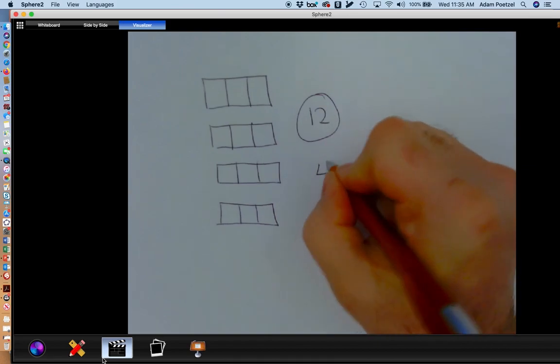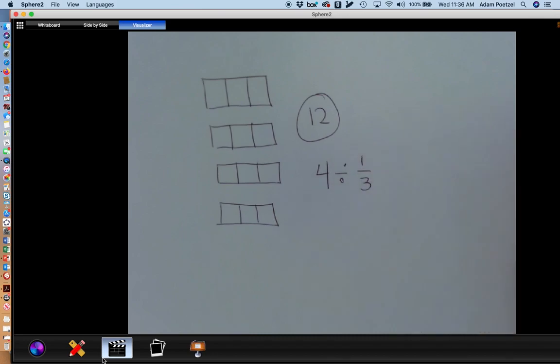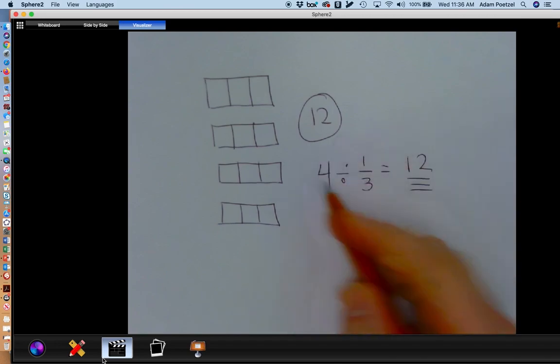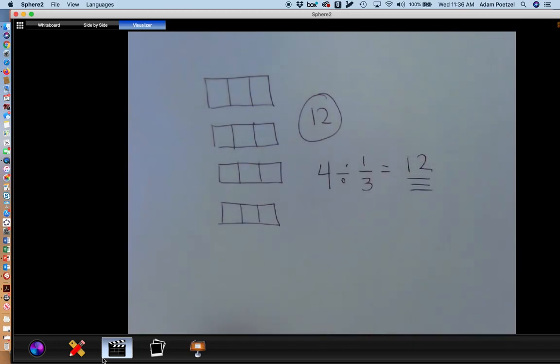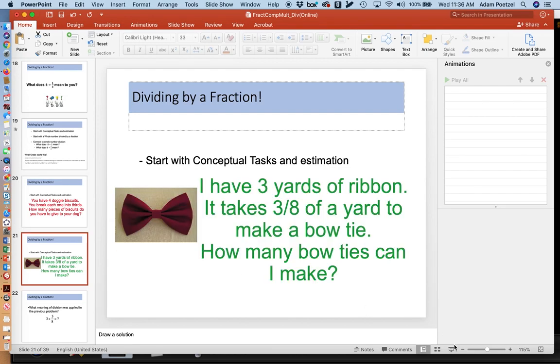We always want to connect that back to the equation. So we had 4 doggy biscuits, we divided them into thirds each, and we see that the answer is 12. Relating back the connection between the visual and the original math equation is a good place to start. All right, so that's a whole number divided by a fraction.